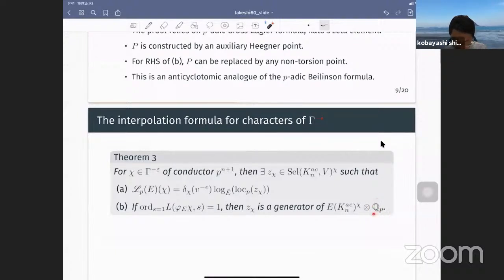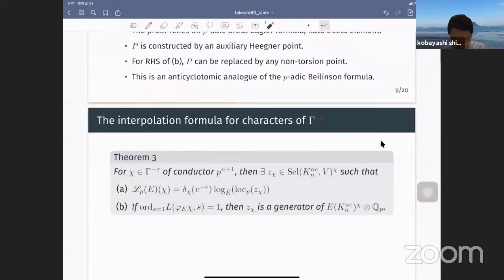This is really important. So we cannot expect Z chi to live in here. So there is some transcendental part. To eliminate such a transcendental part, we need a p-adic Gross-Zagier formula.